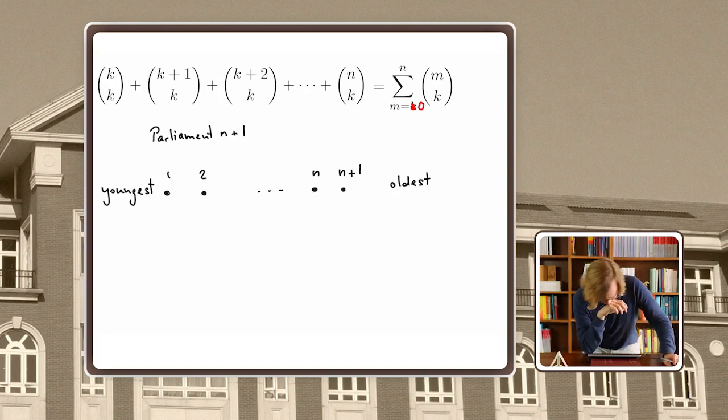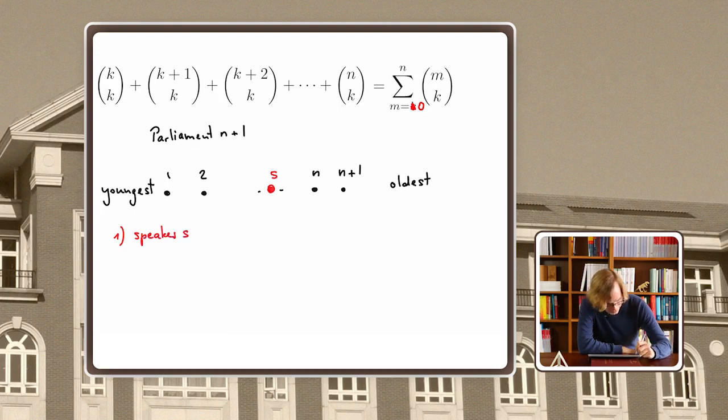Well, the interpretation is as follows. We again select a committee, but now we say the chairman or the speaker of the committee must simply be the oldest member of the committee. So what we can do is we select a speaker, and then we select the rest of the committee.